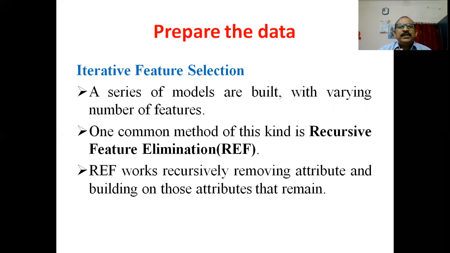Next topic, iterative feature selection. There are two common approaches in iterative feature selection. In the first approach, it starts with all features and removes features one by one until some stopping criterion is reached.